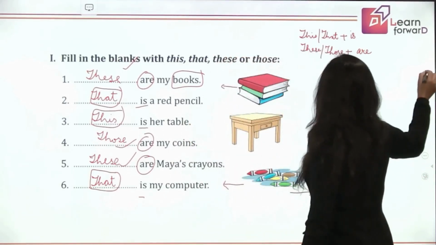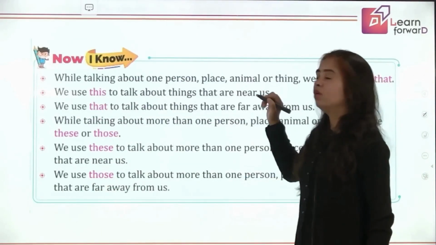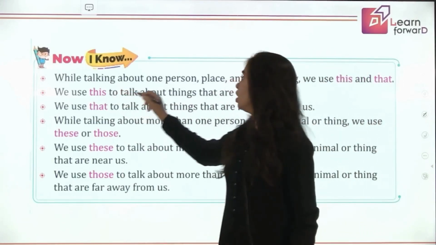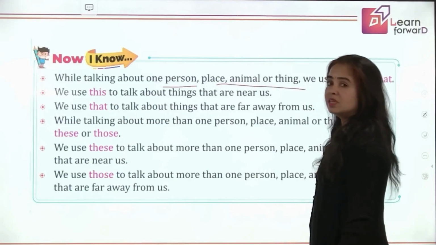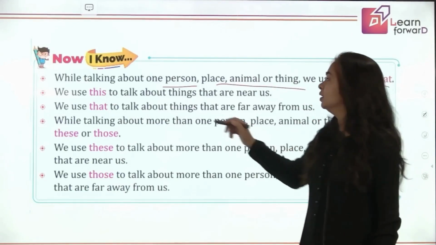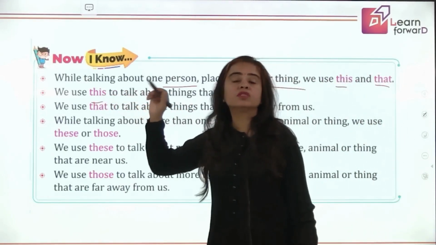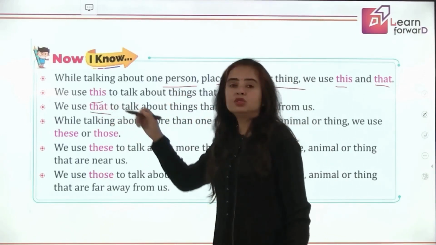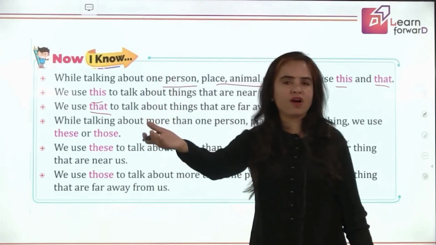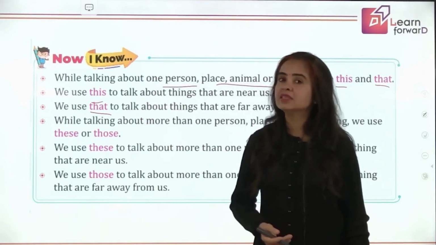So let's move ahead and recall what we know now. When we talk about one person, any naming word, we use this and that. This is used to talk about something that is closer and it is in singular. That is used to talk about something that is far, that is away, and it is in singular.